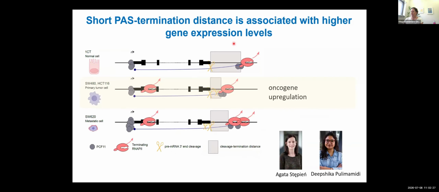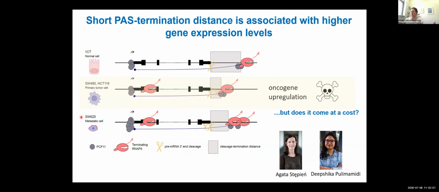Okay, so I already summarized this, but another thing: we now saw that this decreased distance seems to correlate with increased expression. Another thing that we thought of is, is it possible that on one hand it allows the primary tumor to upregulate oncogenes, but maybe the fact that they occur so close to each other somehow makes the cells more sensitive to GTE?